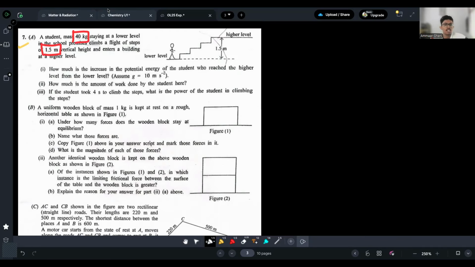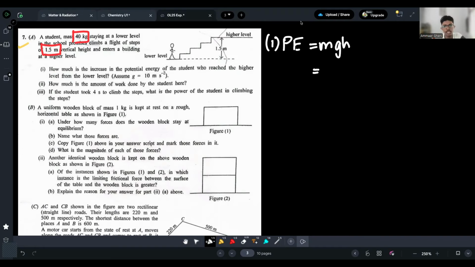We all know that in the lower level, the height is zero, therefore the potential energy in the lower level is zero. So we have to calculate the potential energy at the higher level to solve Roman number 1. We know the potential energy formula, which is mgh: mass, gravitational acceleration, height.